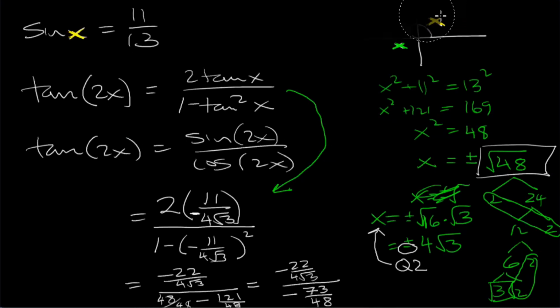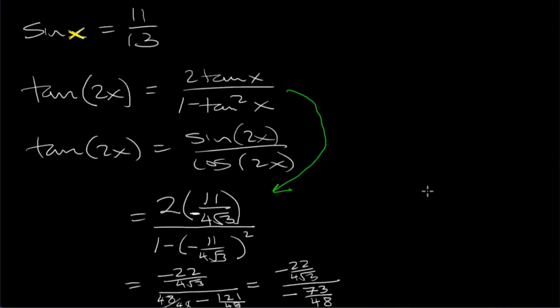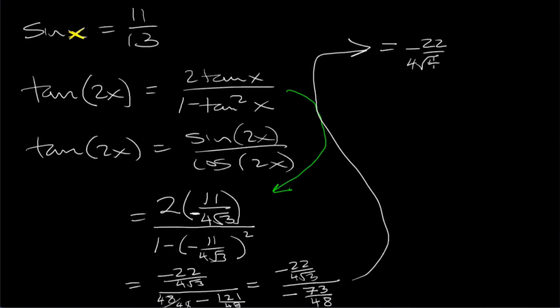But let's erase some stuff here so we have some room. So now we've got this. How do I evaluate that? Copy dot flip. So negative 22 over 4 root 3 times 48 over negative 73.